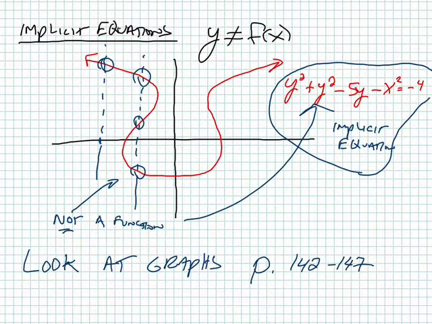However, number 30, which is a cissoid, if you make a vertical line, there's two y values for a given x, so that's not a function. And if you look at numbers 31 through 38, it's only number 35 which is a function. Everything else on this page is an implicit equation.